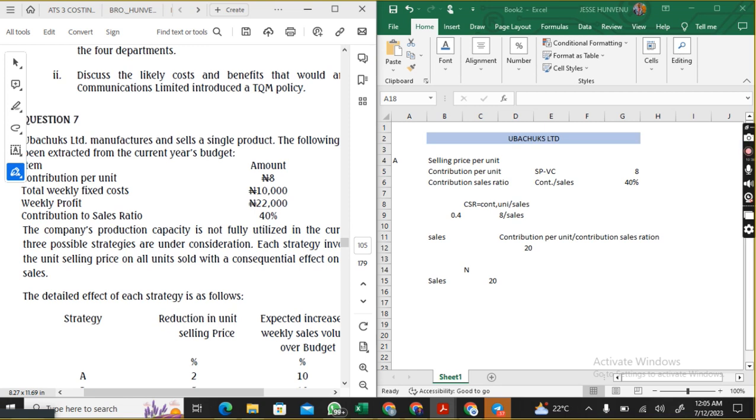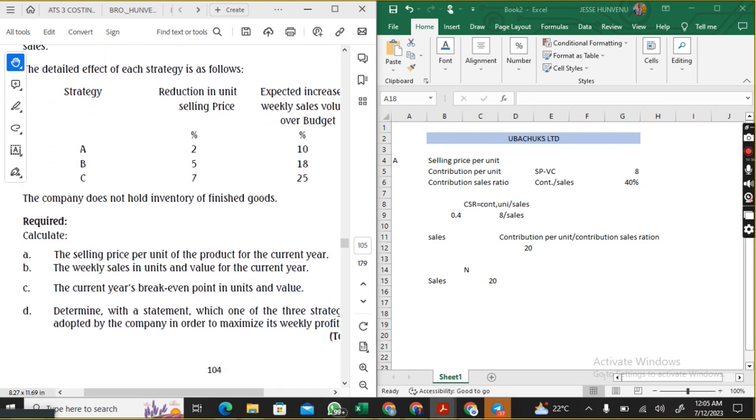Now, what we need to do is this. We are now told that generally our sales per unit for the product for the current year is 20 per unit. I didn't mean to say our total sales; this is just sales per unit.